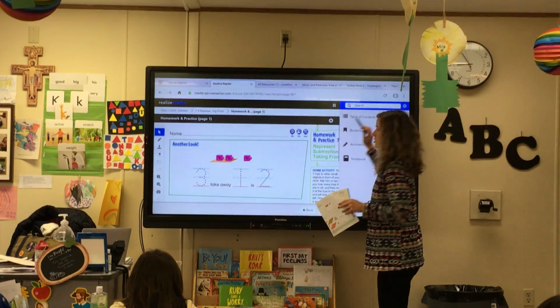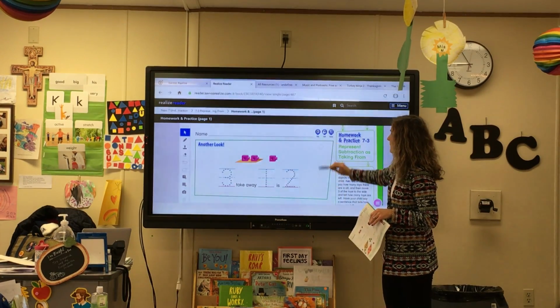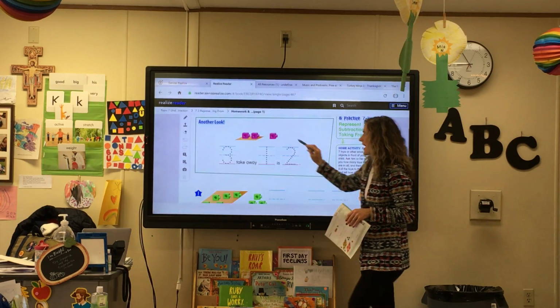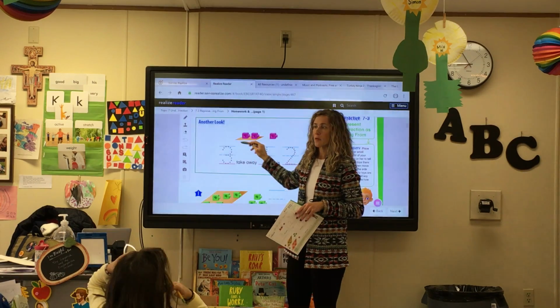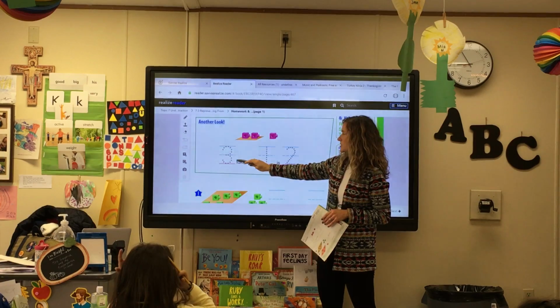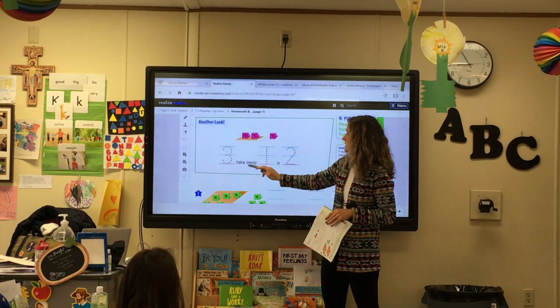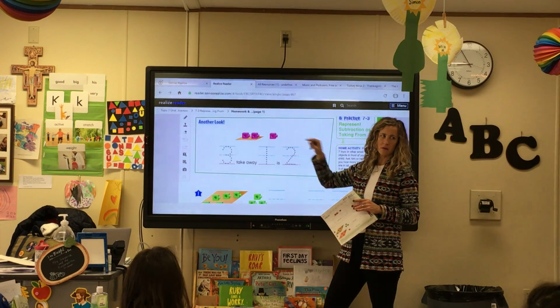Great. Okay, so let's take a look at the very top here. We're going to do this one and trace it. Okay, how many cubes do they have all together? 3. Everyone shout it out. 3. Trace the 3. There's 3 cubes. Take away, how many cubes did they take off of that little mat there, Olivia? 1.